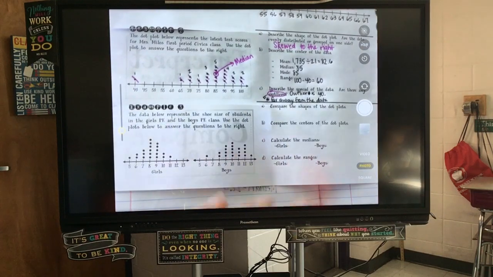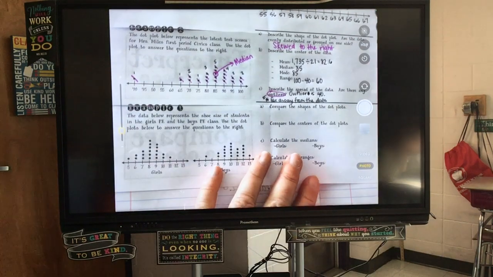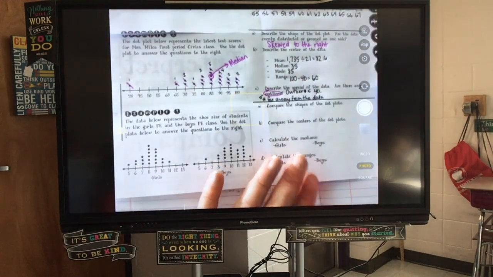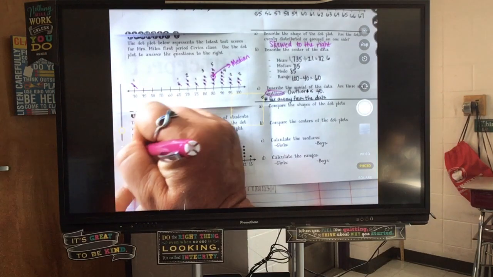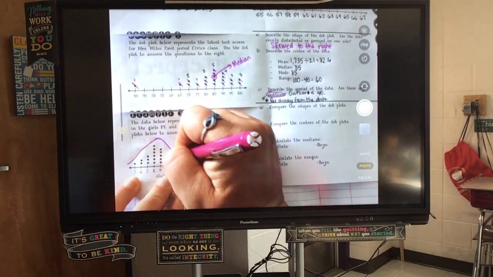So it says compare the shapes of the dot plots. So for the girls, what do you notice about the shape? All right, so this one goes up to a fairly good point and then comes down.